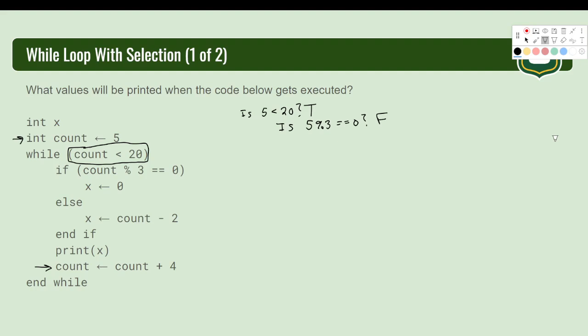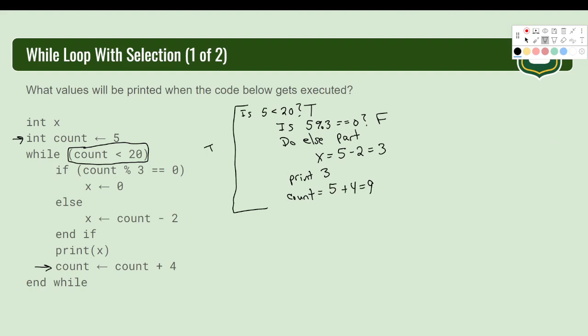So because that's false, we're going to do the else part. Okay, so we're going to set x equal to count, which was 5, minus 2. So x is now set to 3. We're going to print the x value, 3. And then we're going to change our count to be the old count, which is 5 plus 4. So this is now 9. All of that is iteration 1.